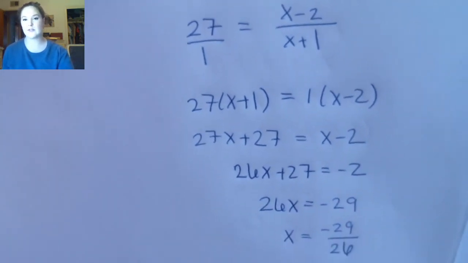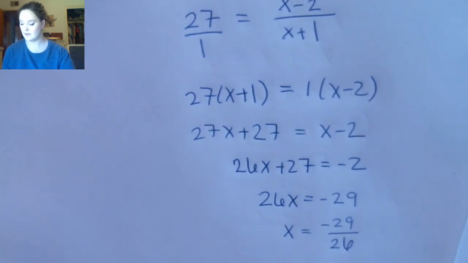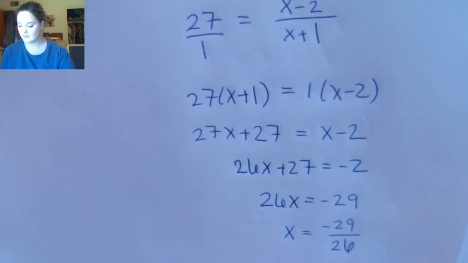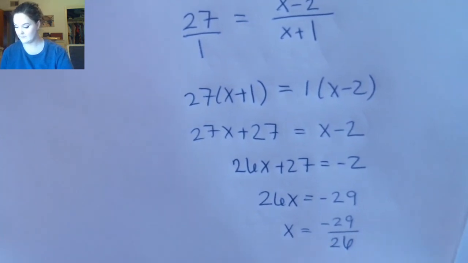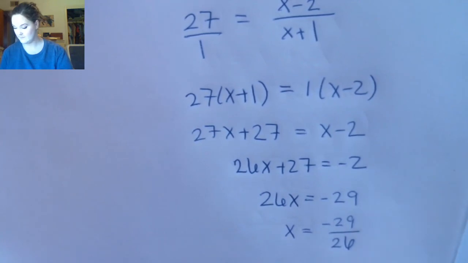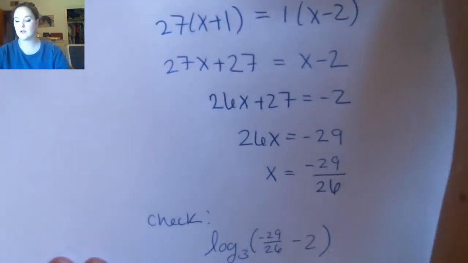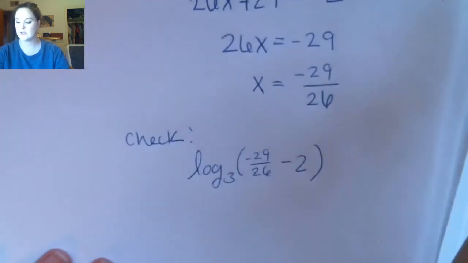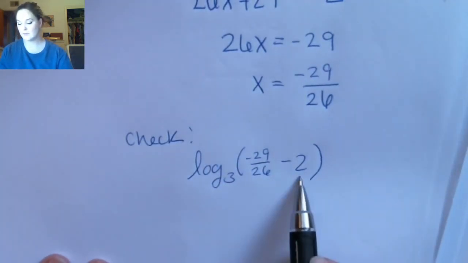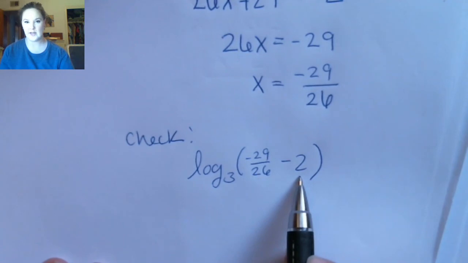Now the question is, am I allowed to plug this in? So when I check, the very first term that I plug this into from the original equation, I don't even have to compute this to know that this is going to be negative.